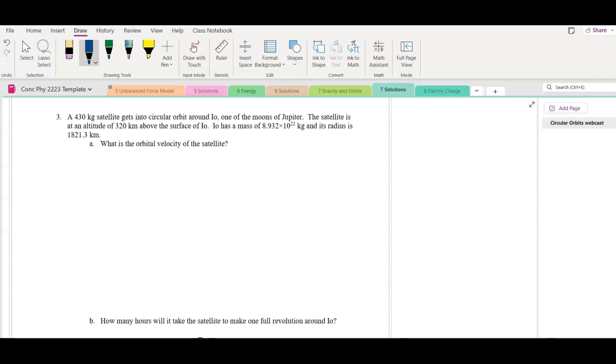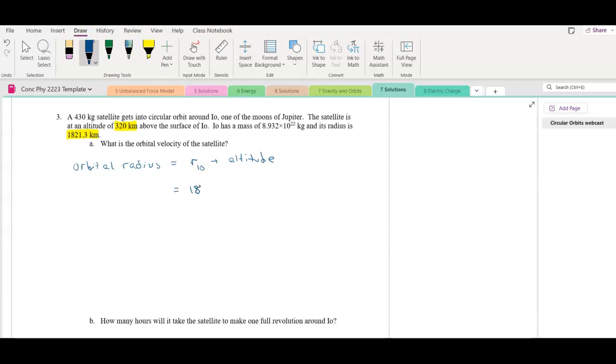Well, they gave me an altitude in kilometers. And so I know that to find the orbital radius, I need to add the radius of the central planet, that would be the radius of Io, plus the altitude. And let's see, the radius of Io is 1821 kilometers. All of these things have to be put into meters.